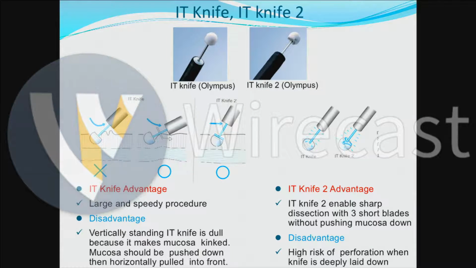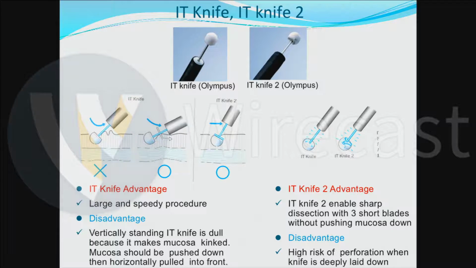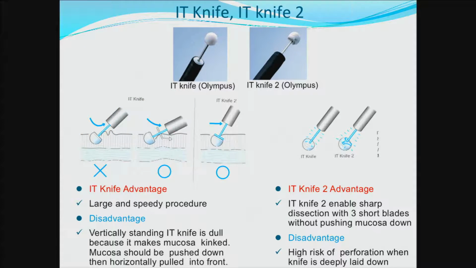The mucosa should be pushed down, then horizontally pulled to the front. IT knife 2 is sharp, with 3 short blades on the backside of the insulated tip, and it enables sharp dissection without pushing the mucosa down.